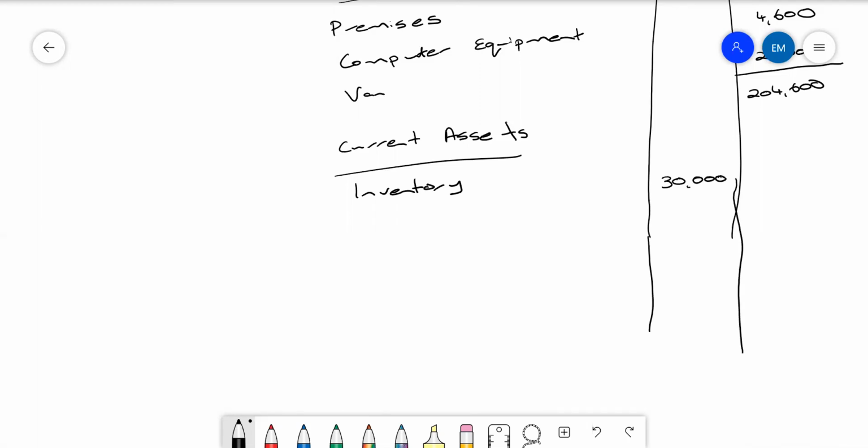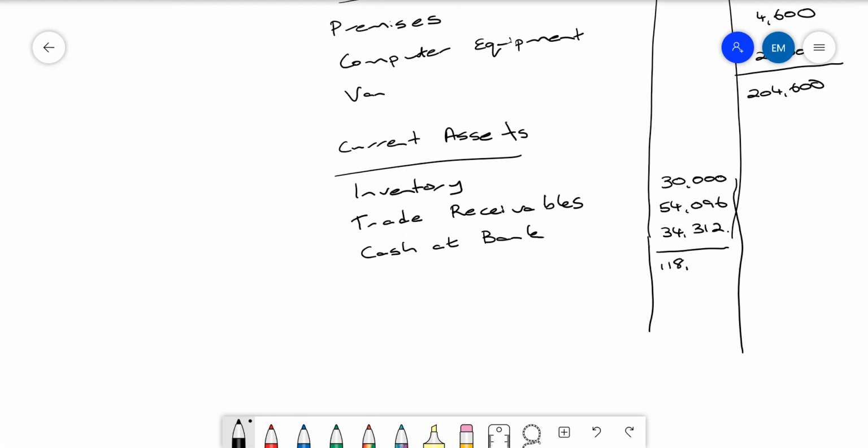We had our trade receivables, which was 54,096. And we had our cash at bank as per the trial balance of €34,312. And the sum of those 3 current assets is €118,408.